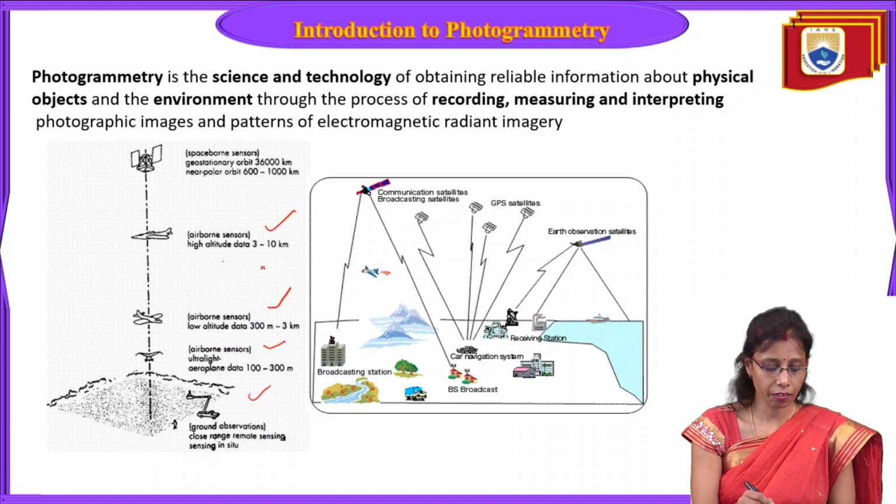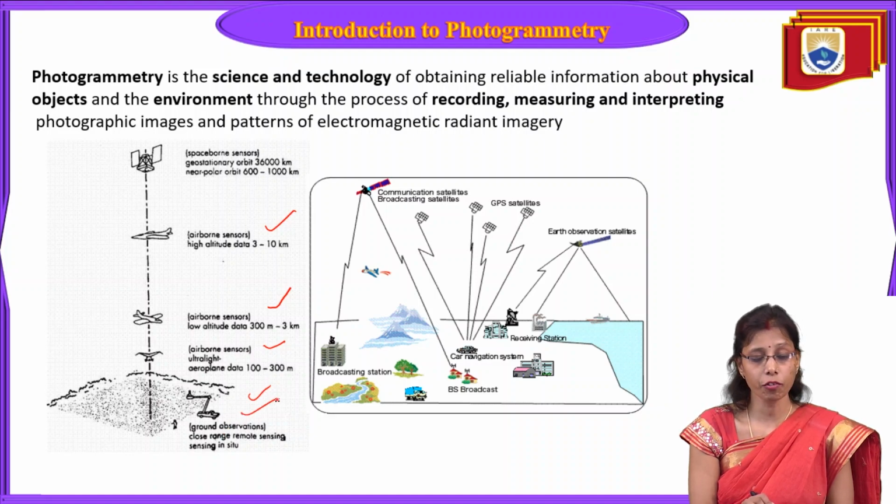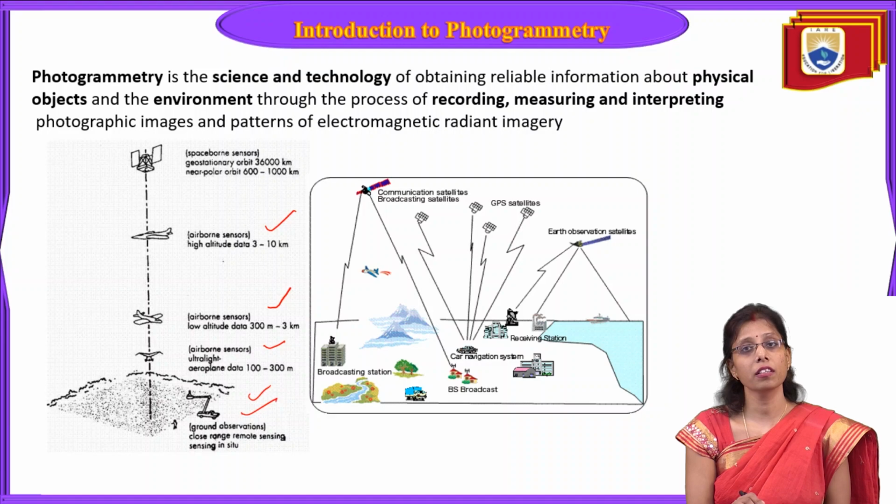So we have three different levels of airborne platforms at a distance. This is the ground platform. Ground platform means obtaining photographs with the help of a camera, a tripod or a theodolite, to capture the information of the ground.